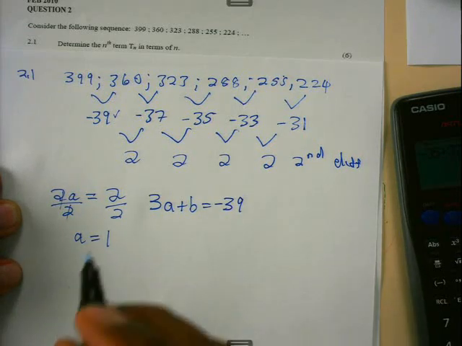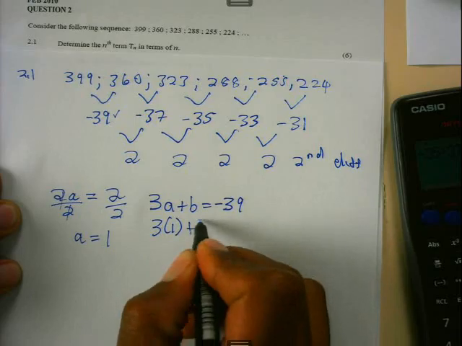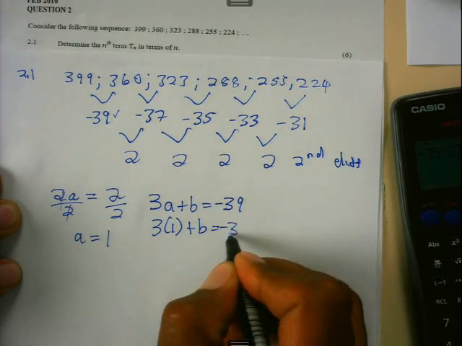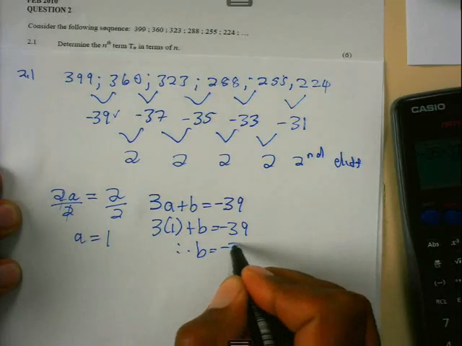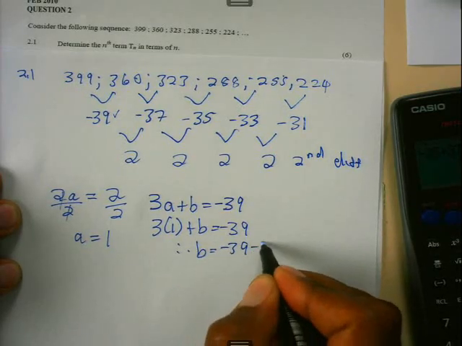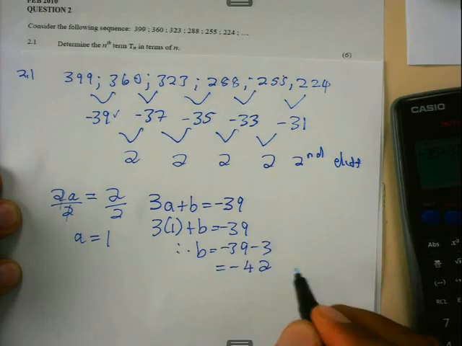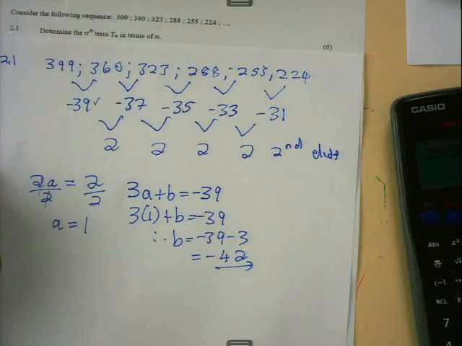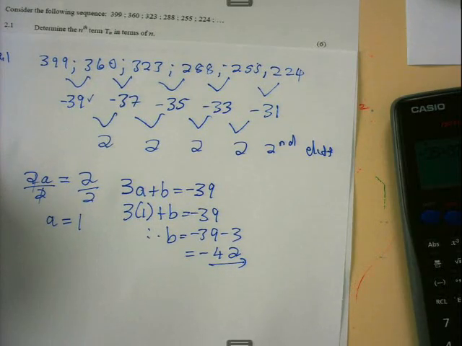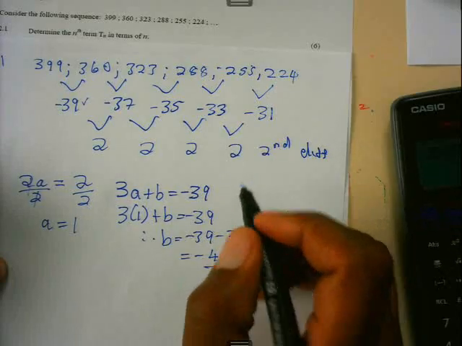Because we know the value of a, we say 3 times 1 plus b equals minus 39. Therefore, b equals minus 39 minus 3. The answer there will be minus 42. Therefore, now we know the value of a as well as the value of b. Next, of course, is to find the value of c.